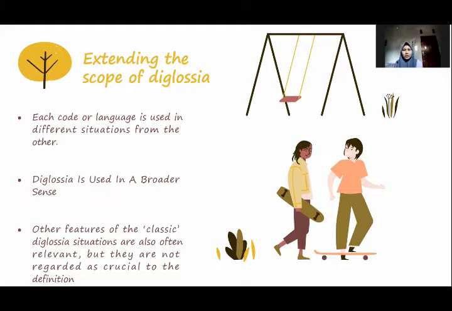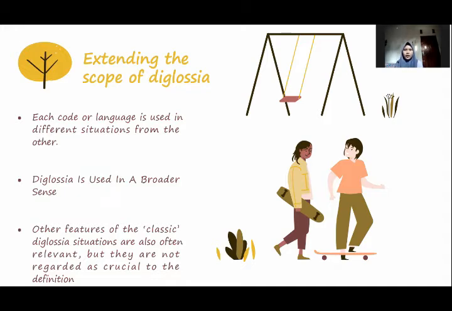Features 1 and 3 that were explained before are dispensed with, and the term diglossia is generalized to cover any situation where two languages are used for different functions in a speech community, especially where one language is used for H function and the other for L function. There is a division of labor between the languages.